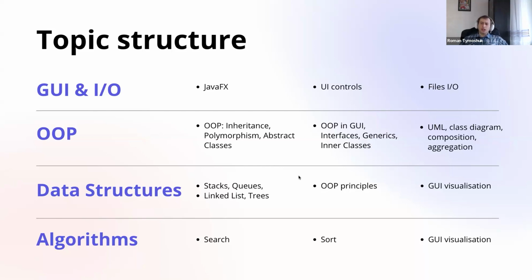We will associate all of these data structures with main object-oriented principles, and in a GUI visualization, you can also use a lot of them. Any kind of software engineering directly relates to algorithms, and searching algorithms, sorting, again visualizing them in GUI, trees, and other things will be covered in this course as well.